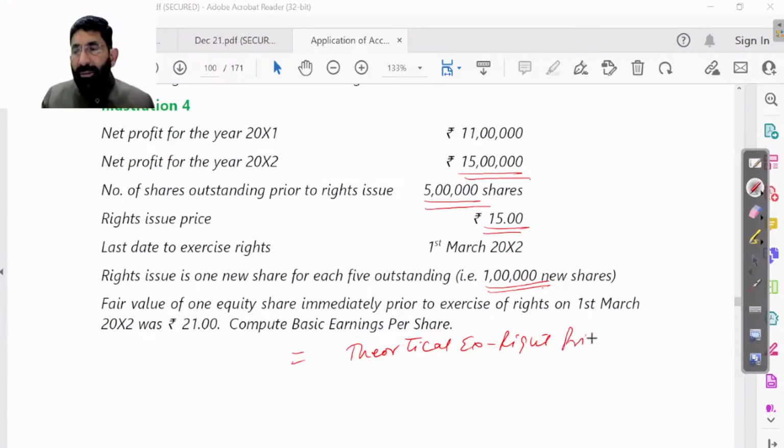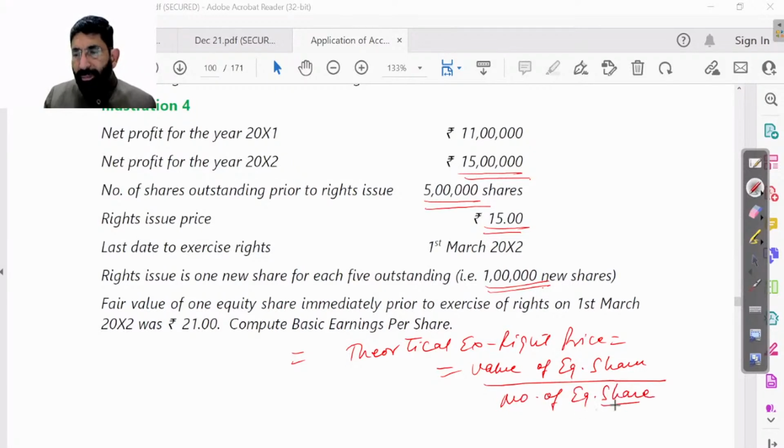Theoretical X right price. The formula is very simple. First of all, get the value of equity shares divided by number of equity shares. So what is the value of equity shares? See here it is. Earlier you have 5 lakh shares at the rate of 21, because the fair value is 21.